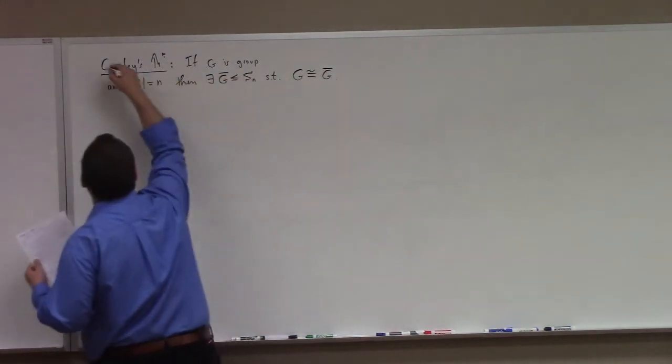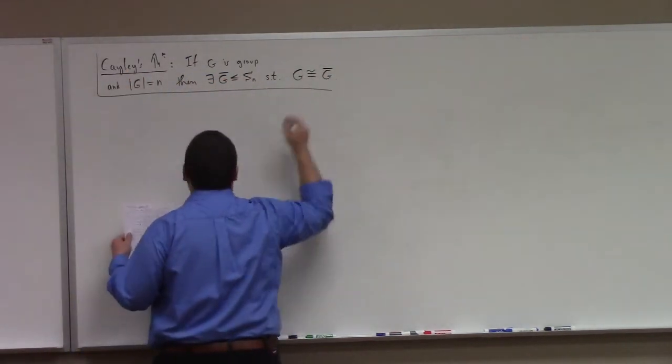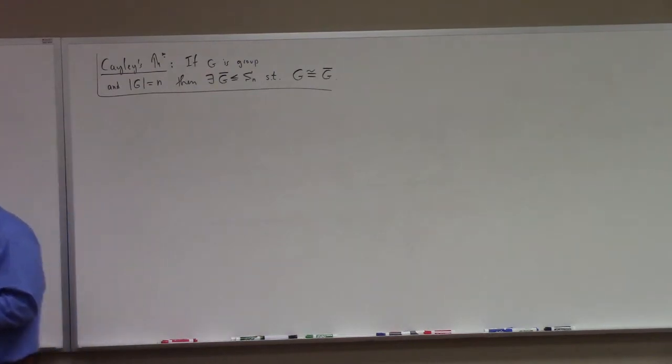In words, it says that any group of finite order can basically be seen as a subgroup of the symmetric group of nth order. And not just that, in a kind of natural way.